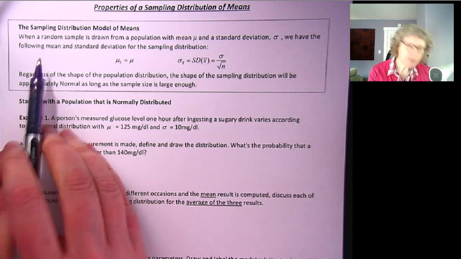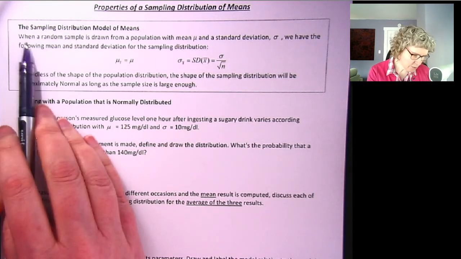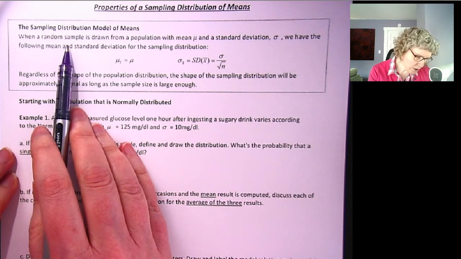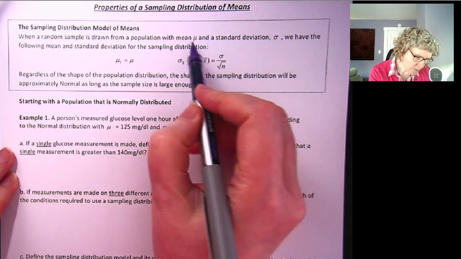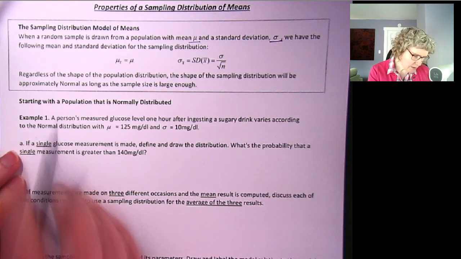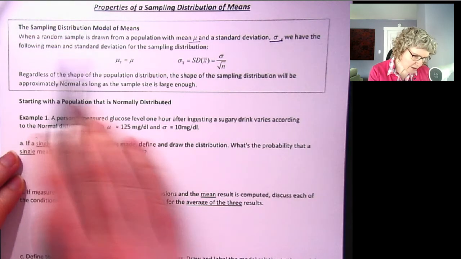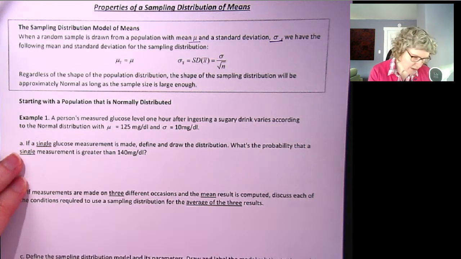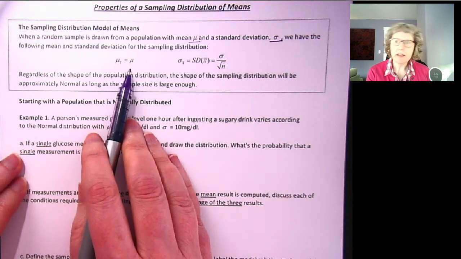So this box defines, again, the sampling distribution model of means. It says if we're drawing from a population with a mean of mu and a standard deviation of sigma, then we have the following mean and standard deviation for the distribution of random samples. We saw that our mean stayed the same, right?